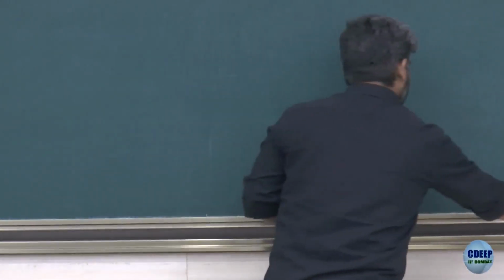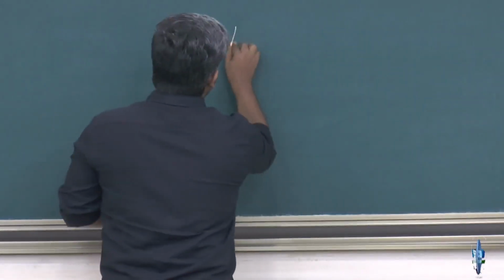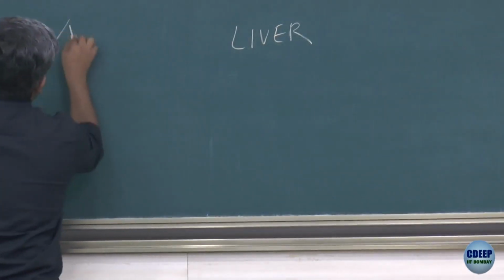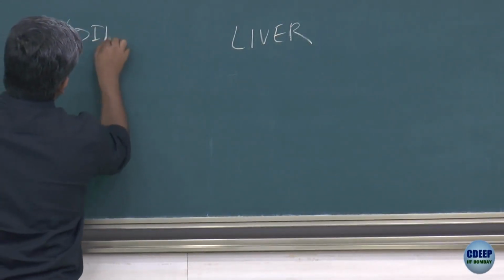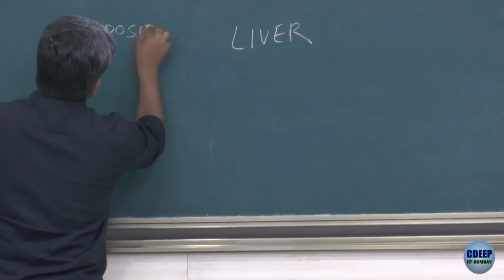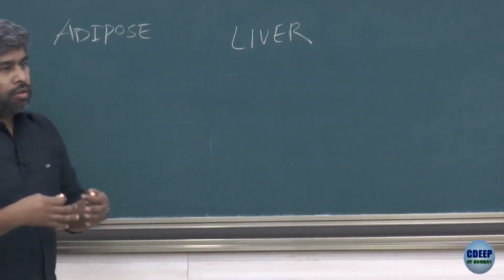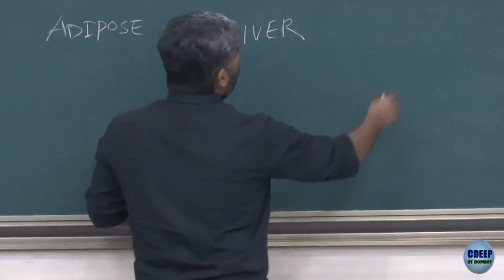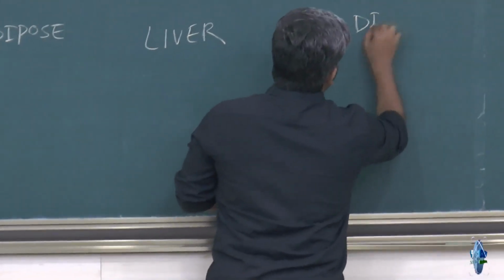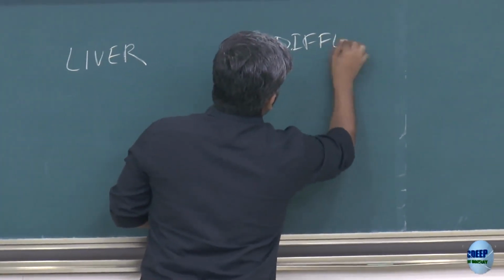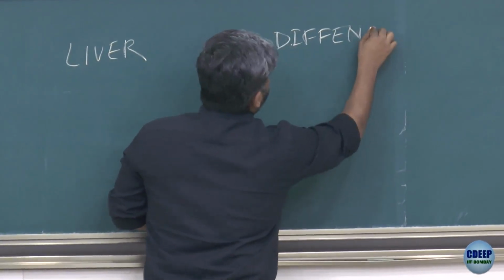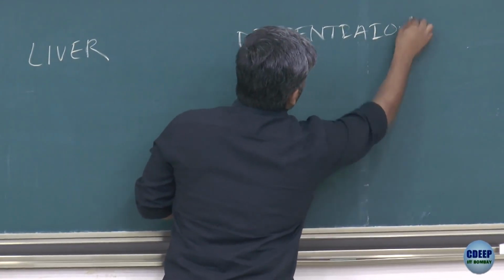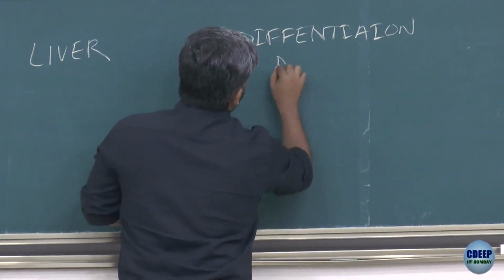I'll give one example. You have this liver cell, for example, or you have your adipose tissue, which is already mature adipose tissue. And you have the example of adipocytes during differentiation.